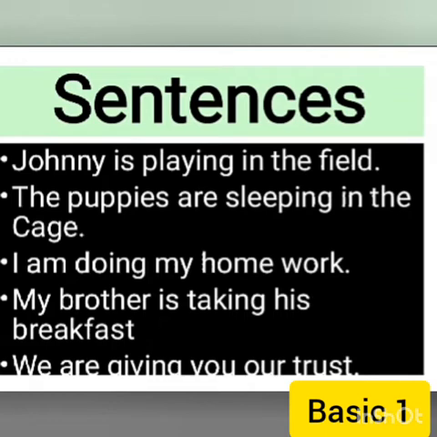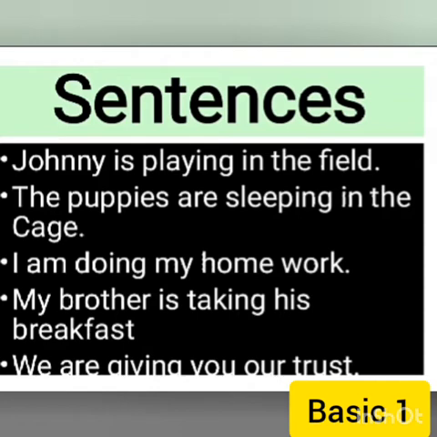It gives us playing. That playing is what makes the sentence the present continuous tense. Hence, Johnny is playing.